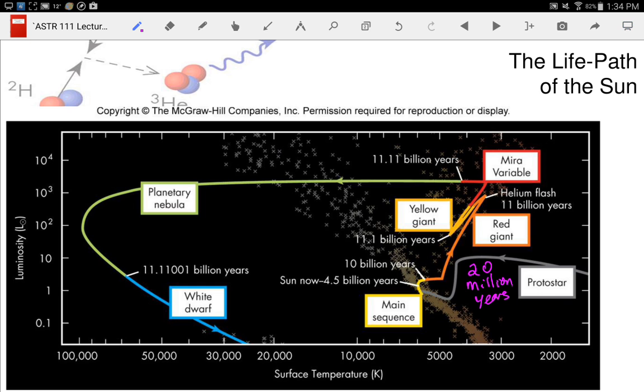And then we have this red giant branch. What's occurring during the red giant branch? Expanding its core. Why? That's correct. Why? The core has run out of fuel, and because the core has run out of fuel, it's crushing in on the core.